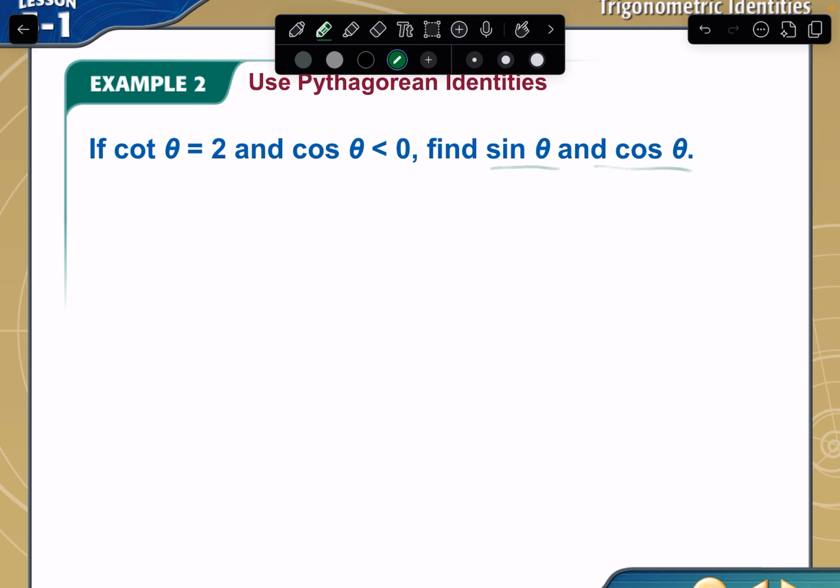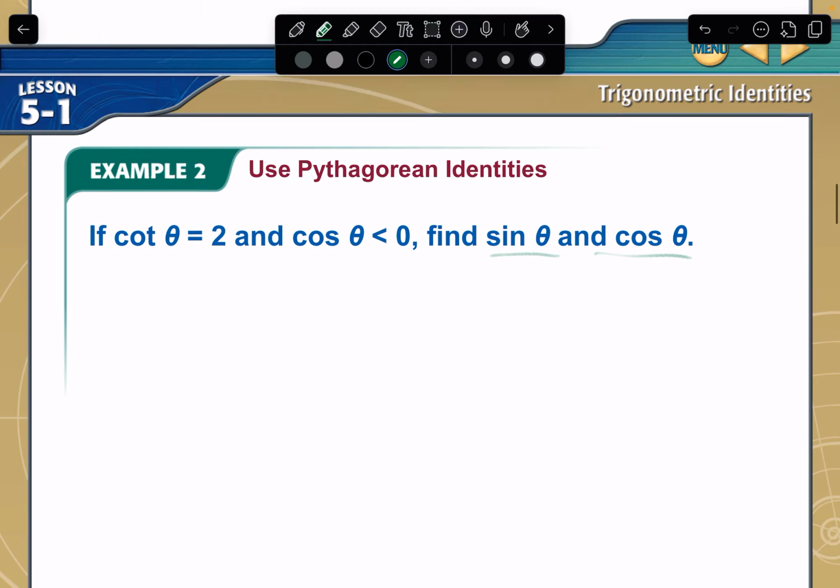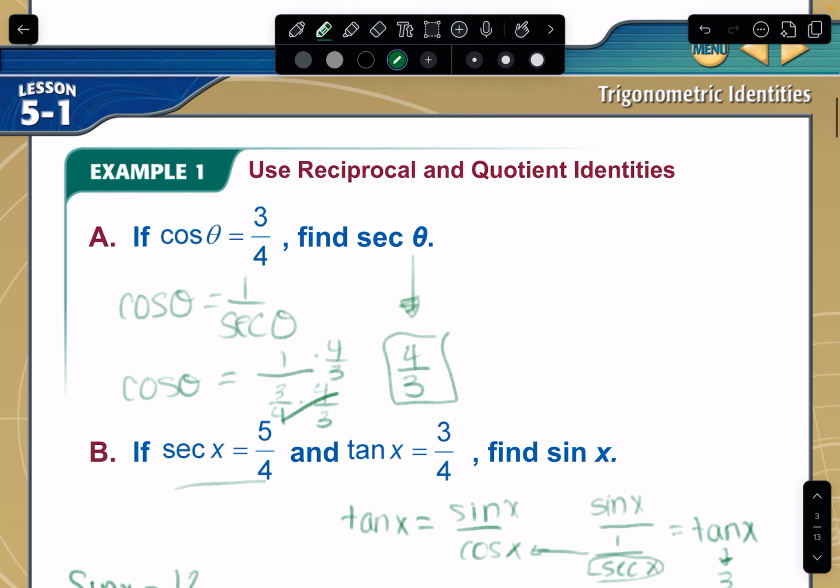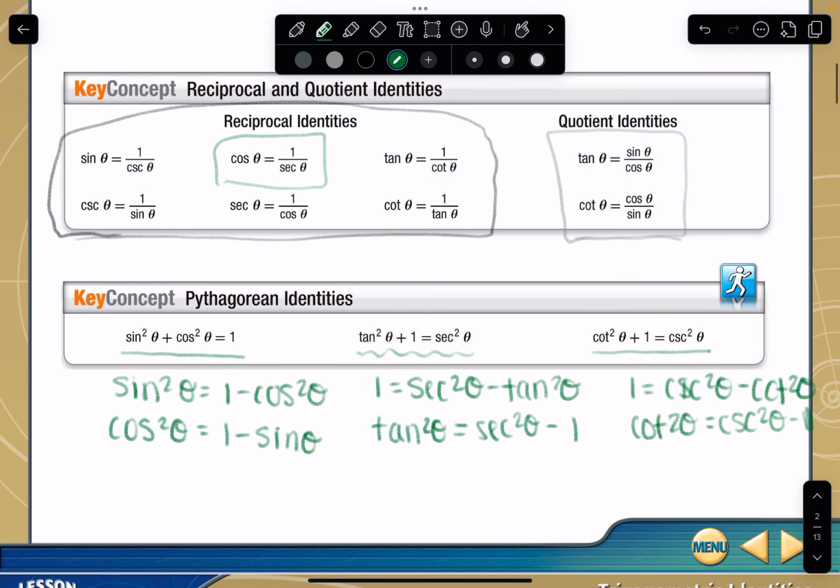As a starting point, thinking about cotangent and your Pythagorean theorem identities, and again, if you have that piece of paper, use it to help you. Cotangent is going to be this last Pythagorean theorem identity that says cotangent squared plus 1 is equal to cosecant squared.